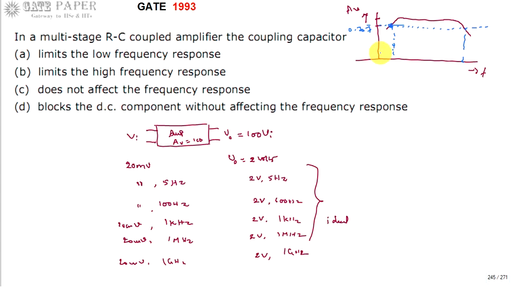One is treated as the lower cutoff frequency and the other is the upper cutoff frequency, during which the gain is almost constant. This is treated as the mid frequencies, and at low frequencies gain decreases, at high frequencies gain decreases.